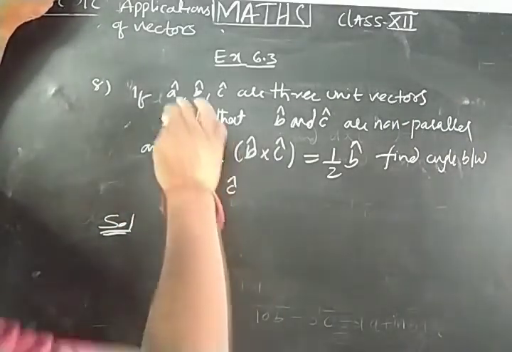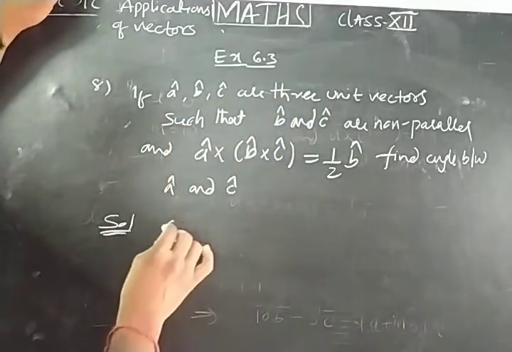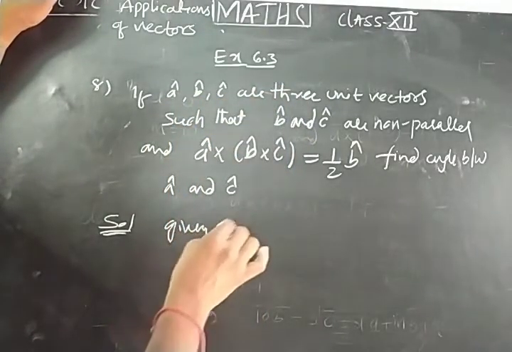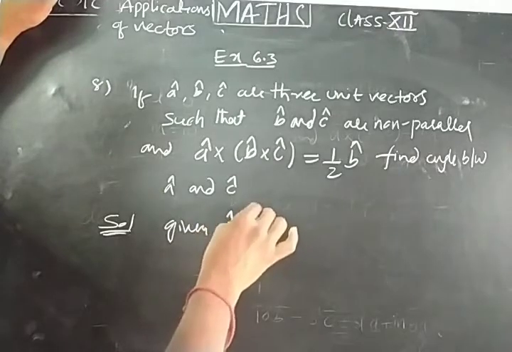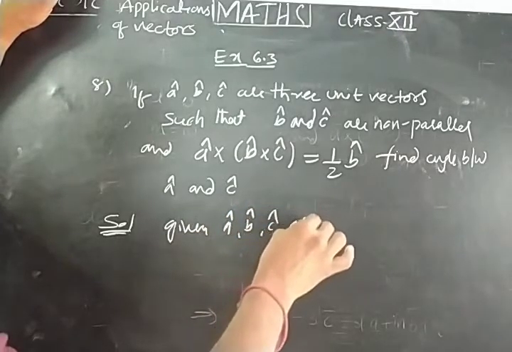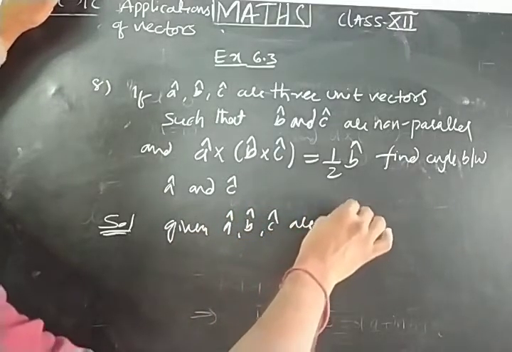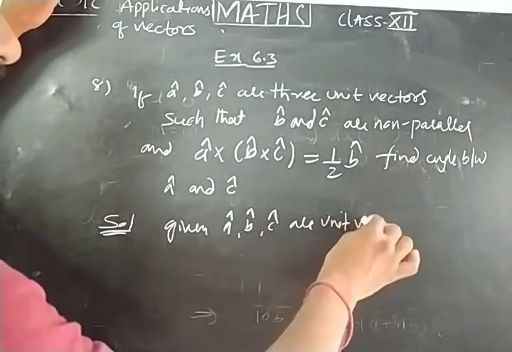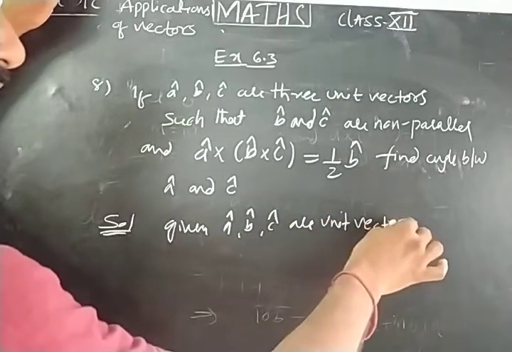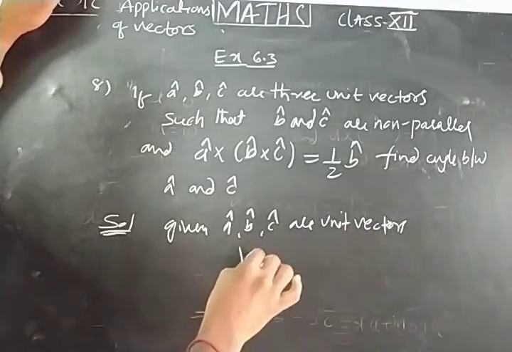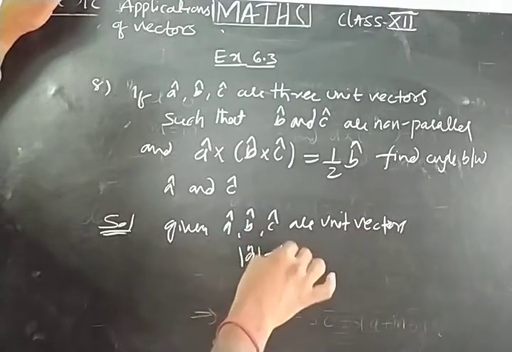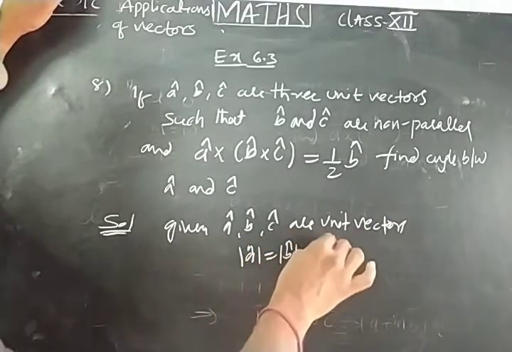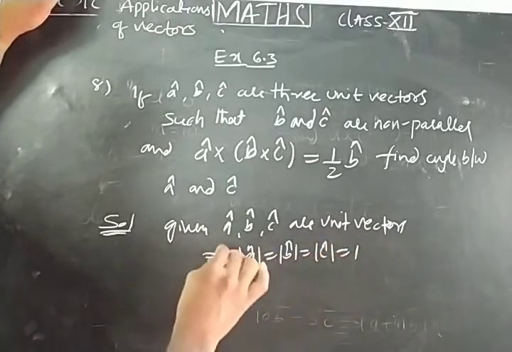Solution. What is given? A cap, B cap, C cap are unit vectors. What is the meaning of unit vectors? Magnitude is 1. So the magnitude of A cap, the magnitude of B cap, and the magnitude of C cap are each equal to 1.